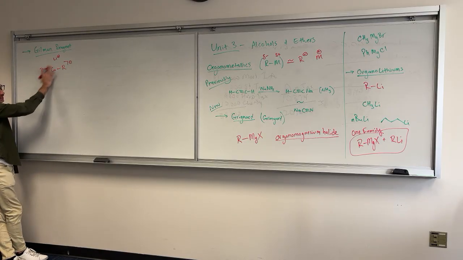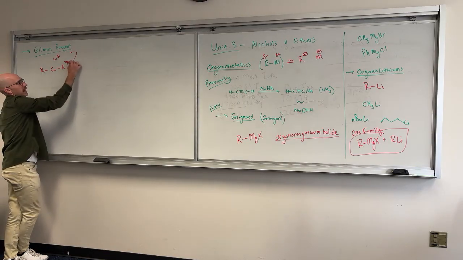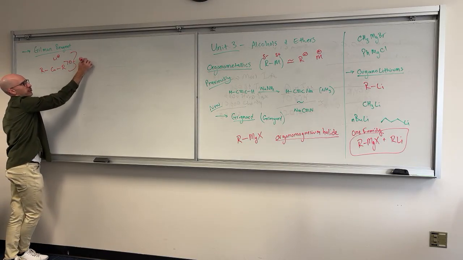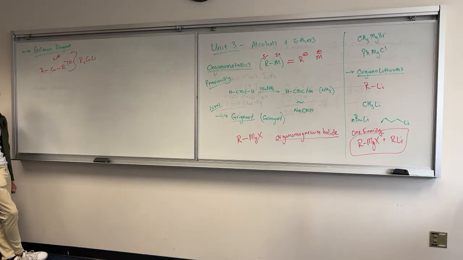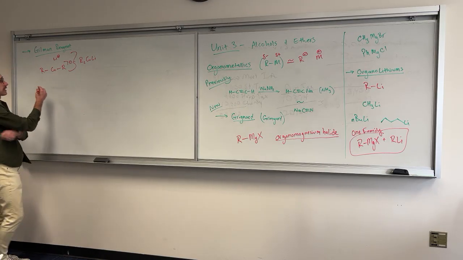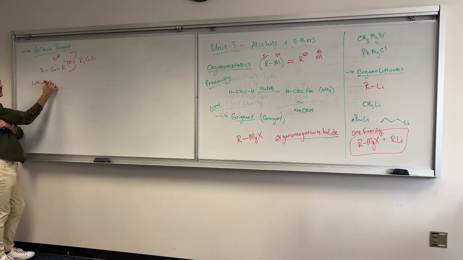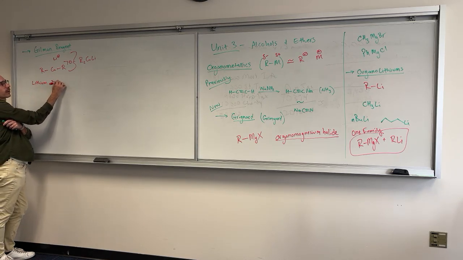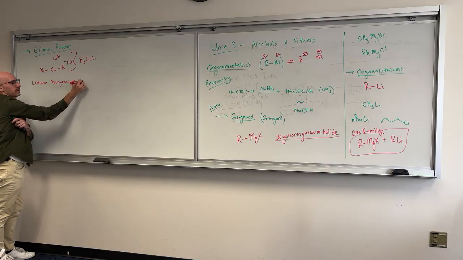This has net negative charge. So we can actually abbreviate this. We write it as R2CuLi. So I think that technically the best name for this would be lithium diorganocuprate.